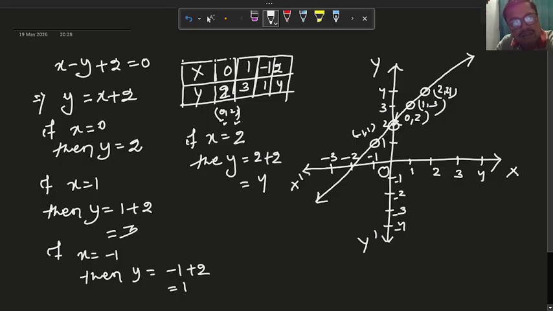This line represents the equation x minus y plus 2 equal to 0. That means the points on this line satisfy the condition x minus y plus 2 equal to 0. Clear?